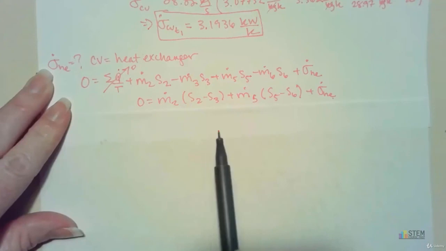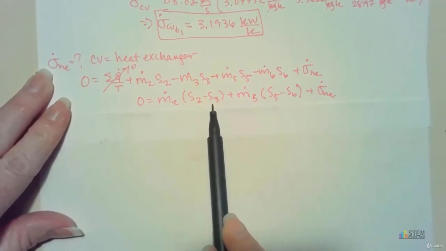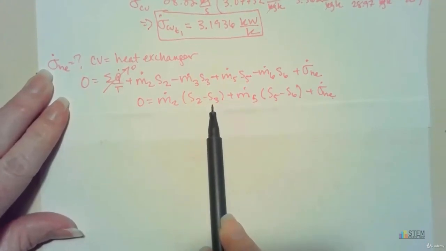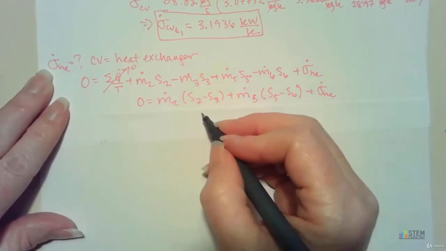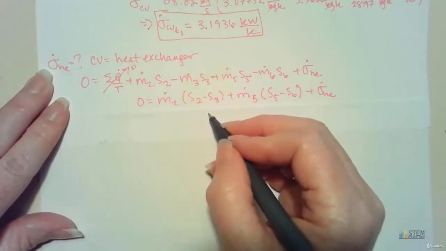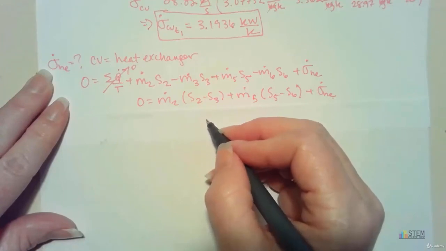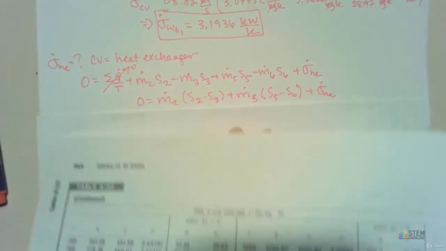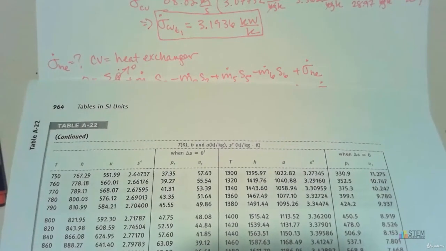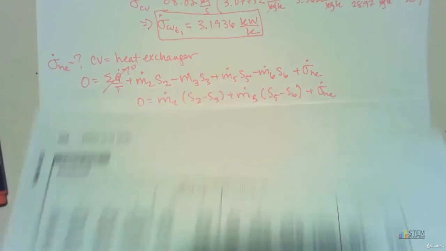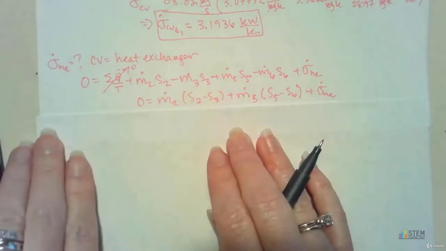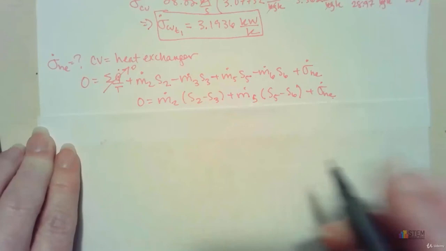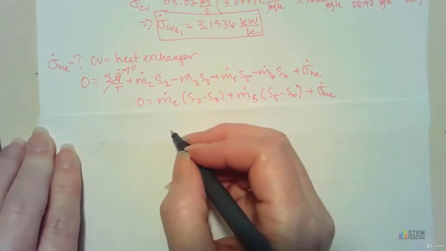Now remember, for s2 minus s3, we don't know anything about cp, right? We don't know anything about our specific heat, so we're going to use that s degree value again. And if you look in the ideal gas table, you will see right there that it gives you s degree. So that's your only choice. You have to use that term. So let's rewrite this equation.